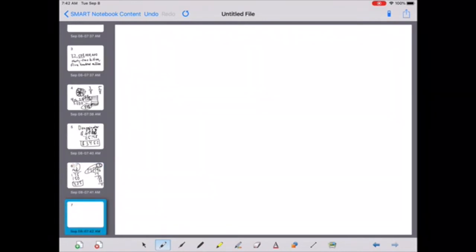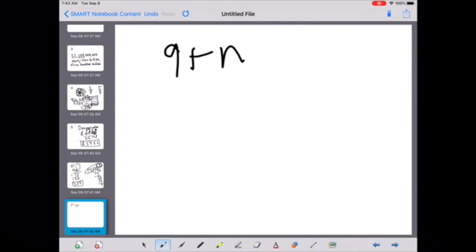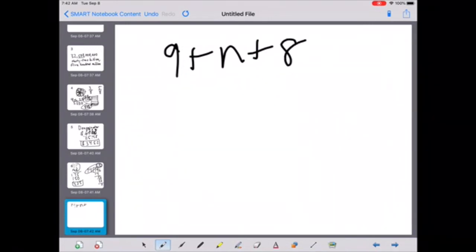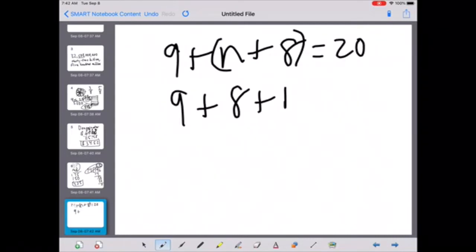Number 17, it says give the reasons for each of the first two steps to solve it. 8, 9 plus n plus 8 equals 20, and the first thing they have is n plus 8 in parentheses. Now I move down and I have 9 plus 8 plus n equals 20, and they put this in parentheses.